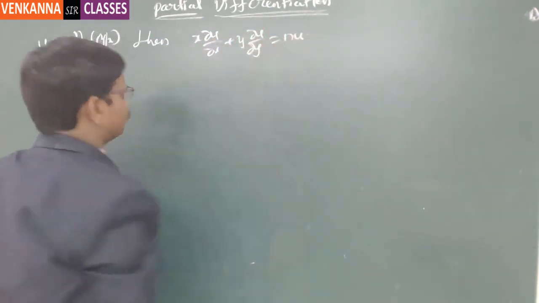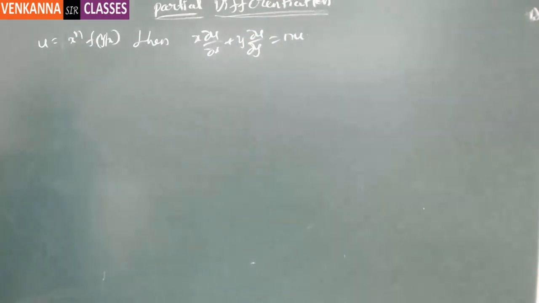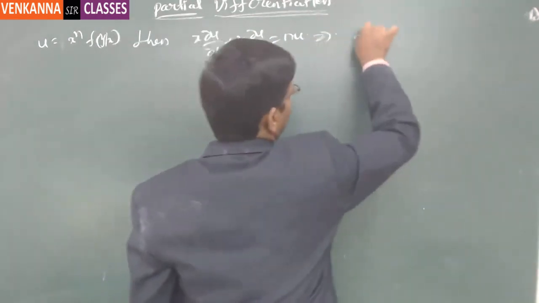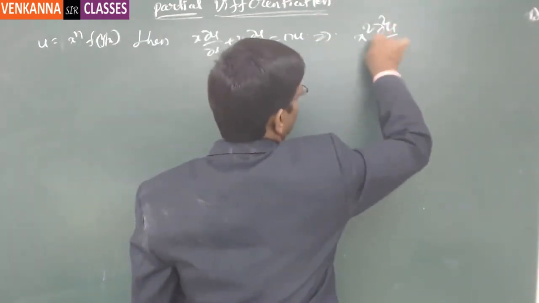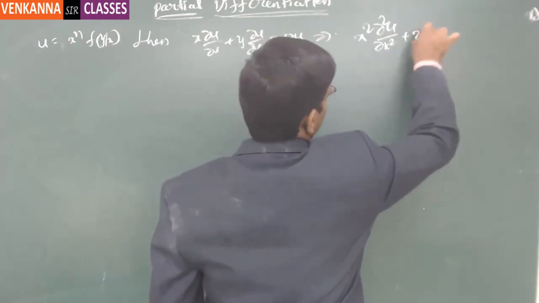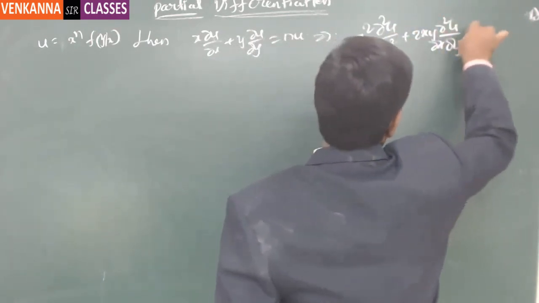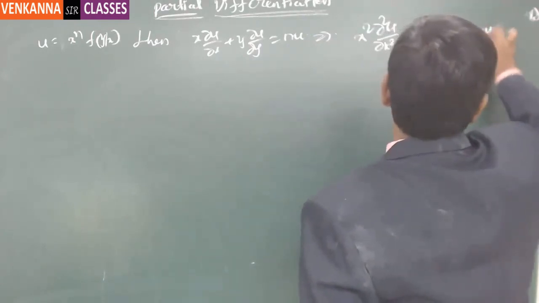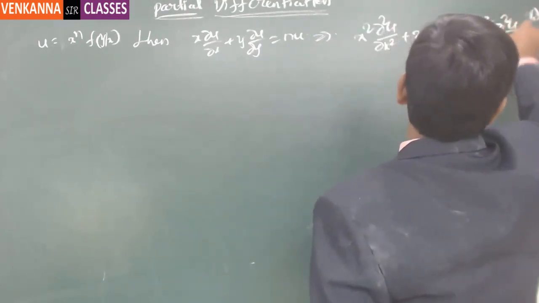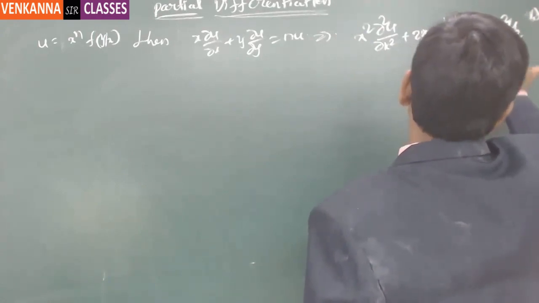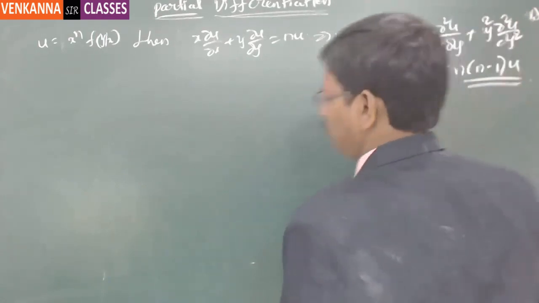So this is the fundamental principle. Now if you take the derivative again for this function, from this we can prove that x² ∂²u/∂x² plus 2xy ∂²u/∂x∂y plus y² ∂²u/∂y² is equal to n into n minus 1 into u. So this we need to prove.